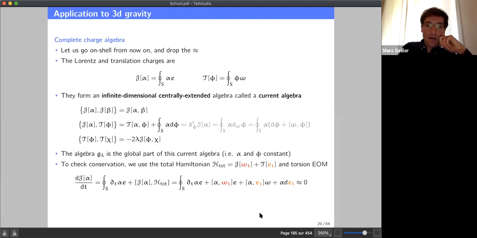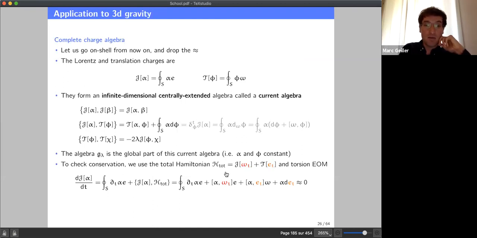If we had done the Hamiltonian analysis of this system, we would have found that the total Hamiltonian given to us by Dirac is precisely the Lorentz generator, but with a smearing parameter, which is the time component of the connection. This is the Lagrange multiplier corresponding to the connection. Plus a translation whose smearing parameter is the time component of the triad field.